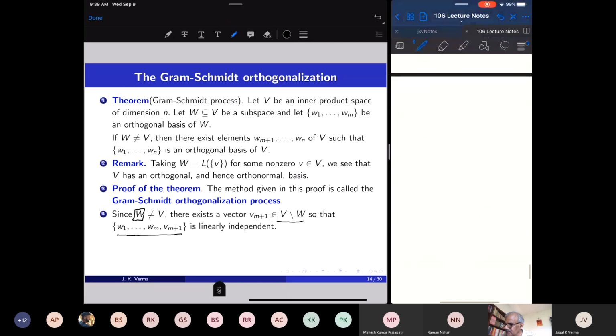Last time I explained the idea of projection. The idea of projection was that I have a direction W and I have a vector V. Then I can decompose this vector V into two components.